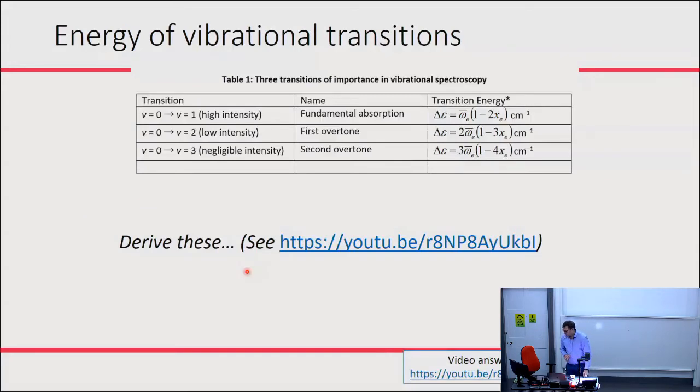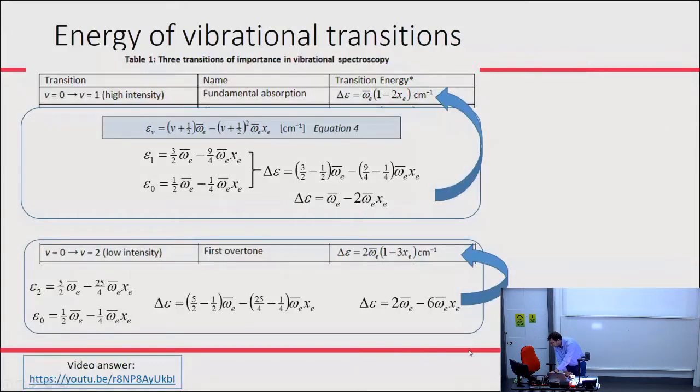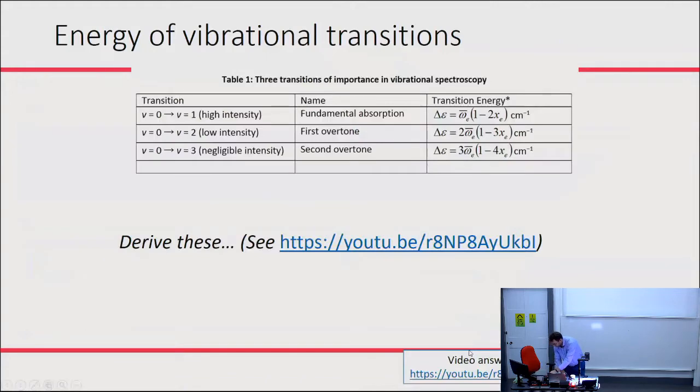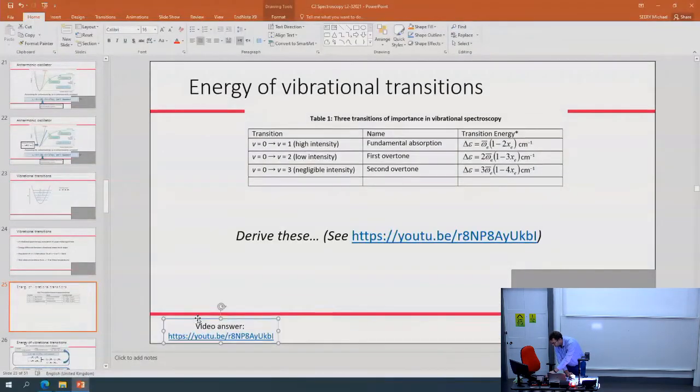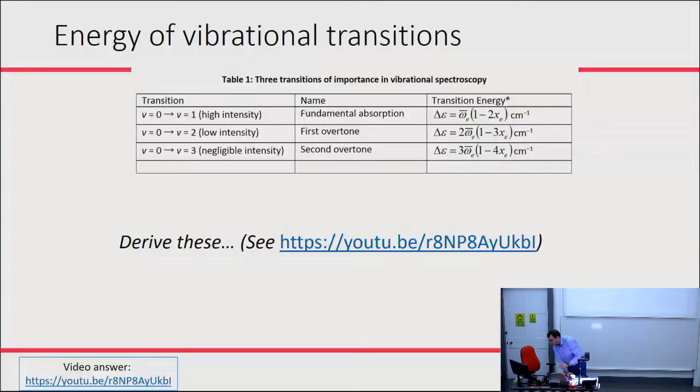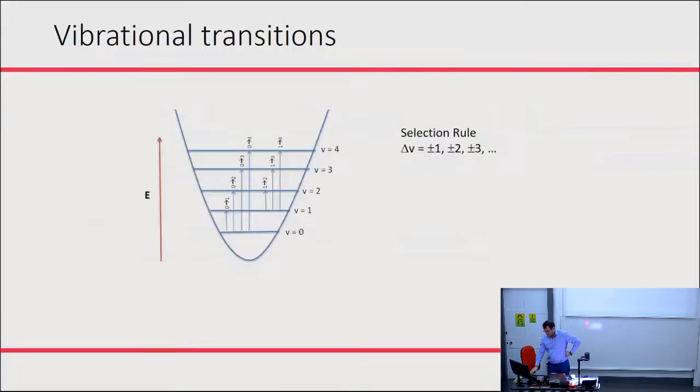So how do we work on calculating these transitions? I've derived these expressions, and you can have a look at that video. But essentially, what we're doing is taking the energy of, say, the first vibrational state.